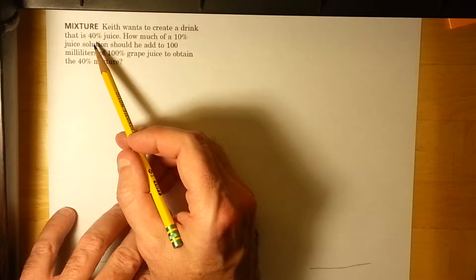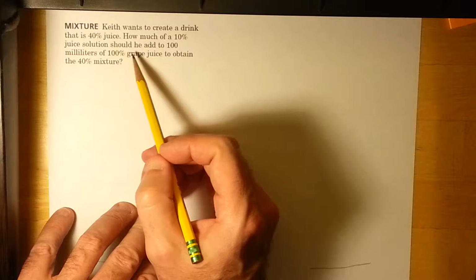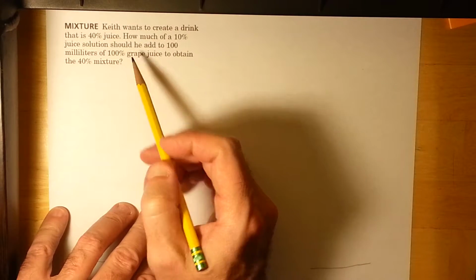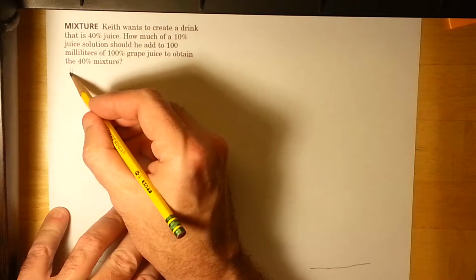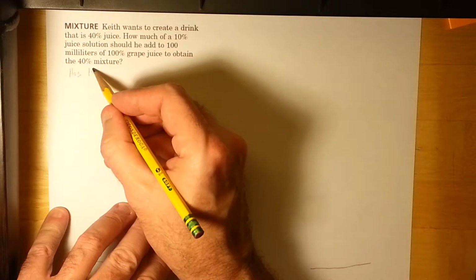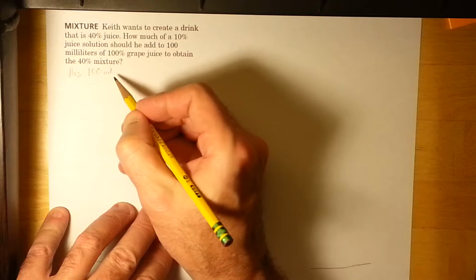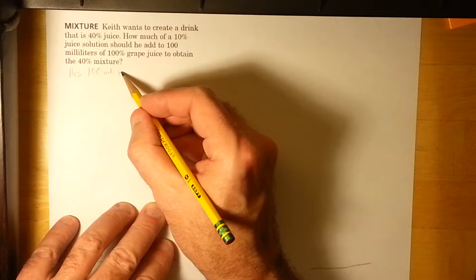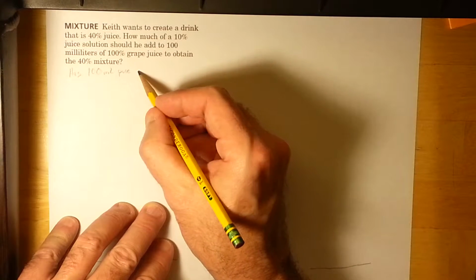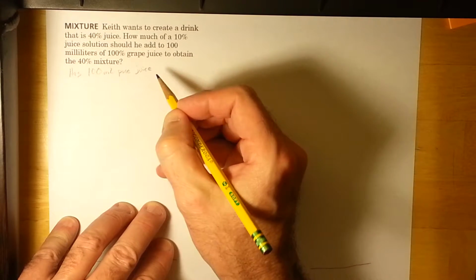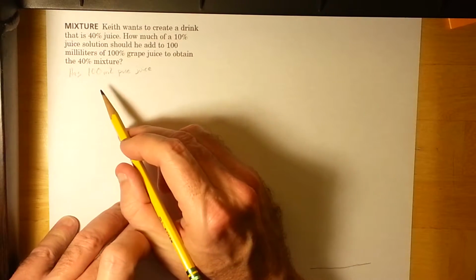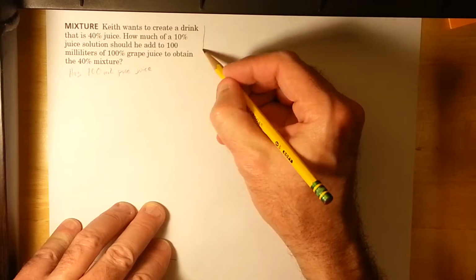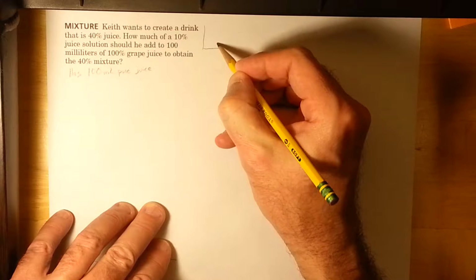the guessy way is we know that he has 100 milliliters of pure juice. And then over here he has this mixture, and this mixture he's going to pour into the other juice.